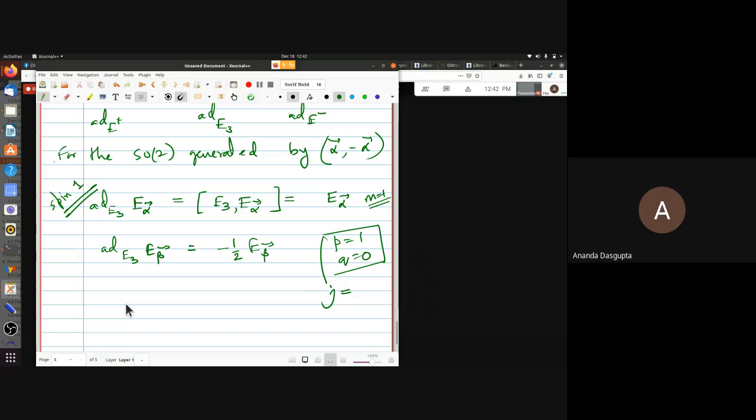In this whole process of this invariant space which you get by action of this E3, E plus, E minus on E beta, E beta alone is not there. You can shift it by applying E plus, right? But how many states span that space?